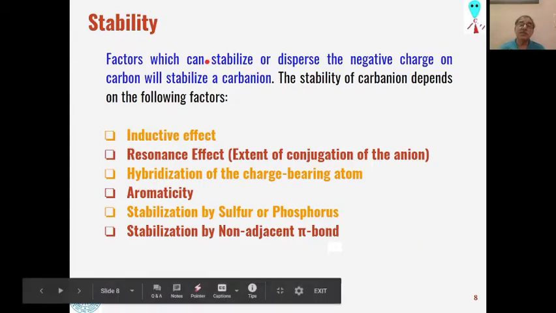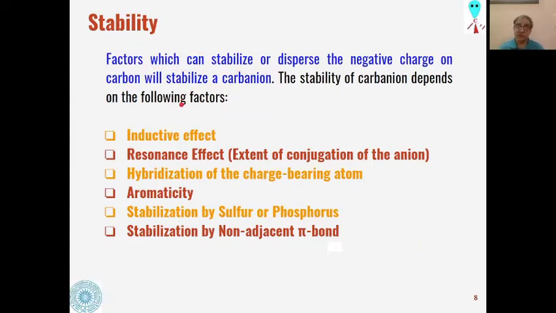Then, the stability of a carbanion depends on many factors. As we know, neutral intermediates are more stable compared to charged species, so any group which neutralizes the negative charge present on carbon will stabilize the carbanion.